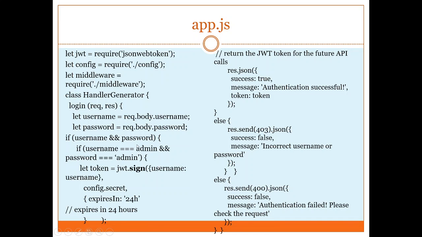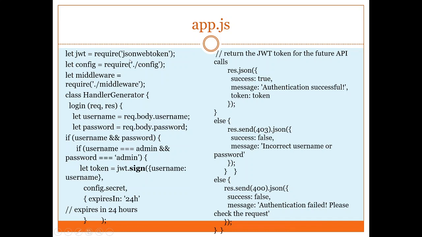If the username is equal to username and password is equal to password, then we will generate a token. To generate a token, we will call the function jwt.sign. We will provide the information with which we want to generate the token. We have provided the username, config secret, and expiry date, like 24 hours, etc. So it will create a JWT token for us.